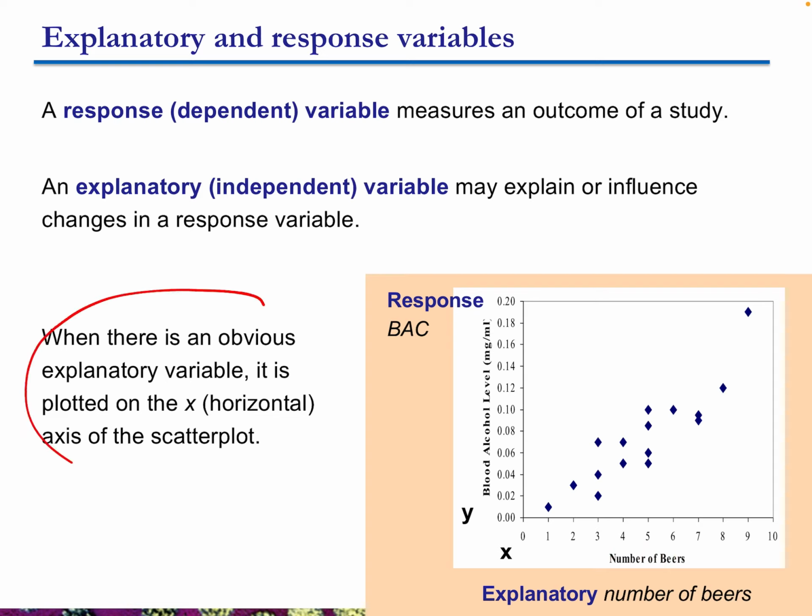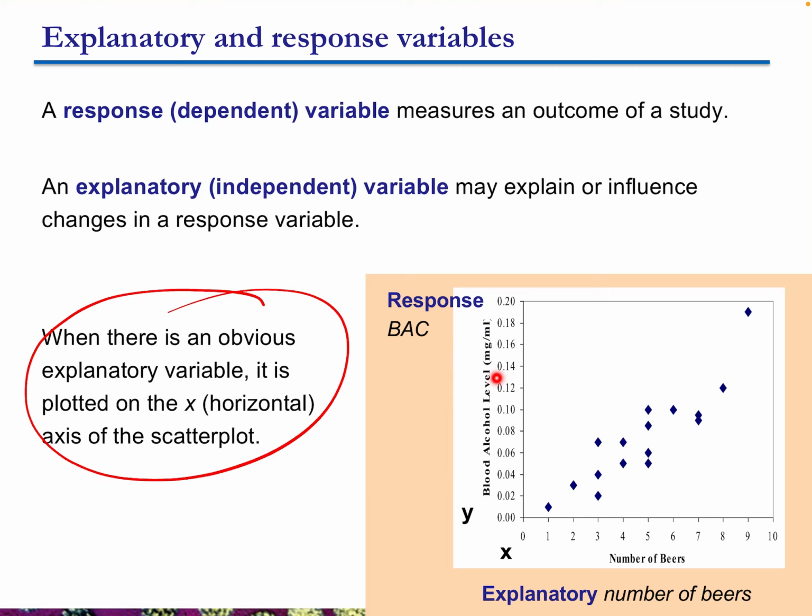Whenever we have an obvious explanatory variable, we put that on the x-axis, the horizontal axis. Okay, that's just by convention. So if you're looking at your two variables and one of them is obviously the explanatory or independent variable, it always goes on the x-axis, just by convention. That's just the way it's done.